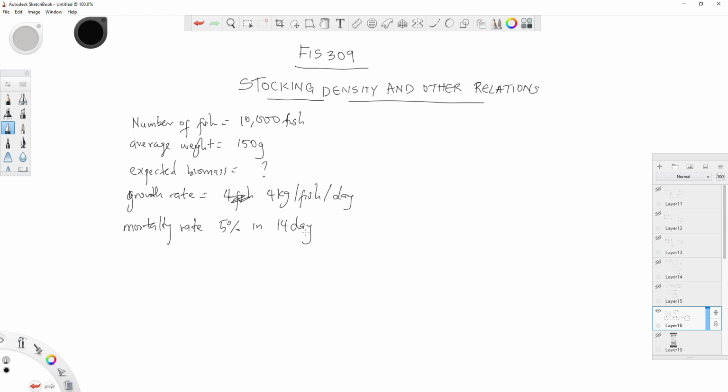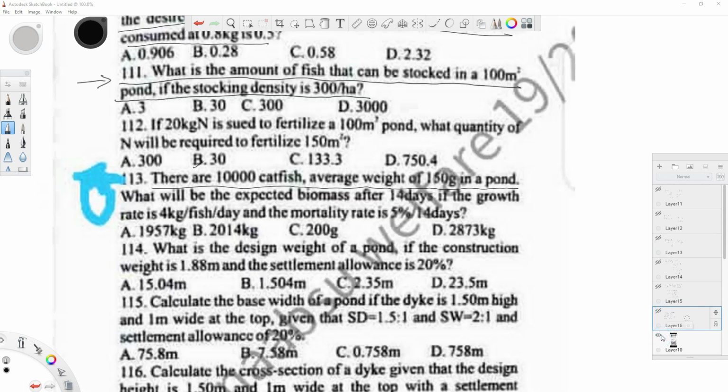Now, number one, you have 10,000 fish in the pond, isn't it? Let's account that we have 10,000 fish and their average weight is 150 grams. But oh, sorry, growth rate should not be kg.